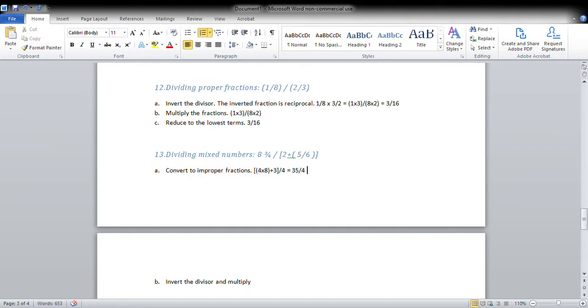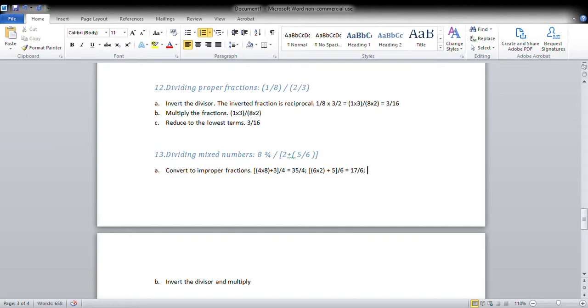And then we look at 2 5/6. We do the same thing. 6 times 2 plus 5 over 6, and that equals 6 times 2 is 12, plus 5 is 17 sixths.